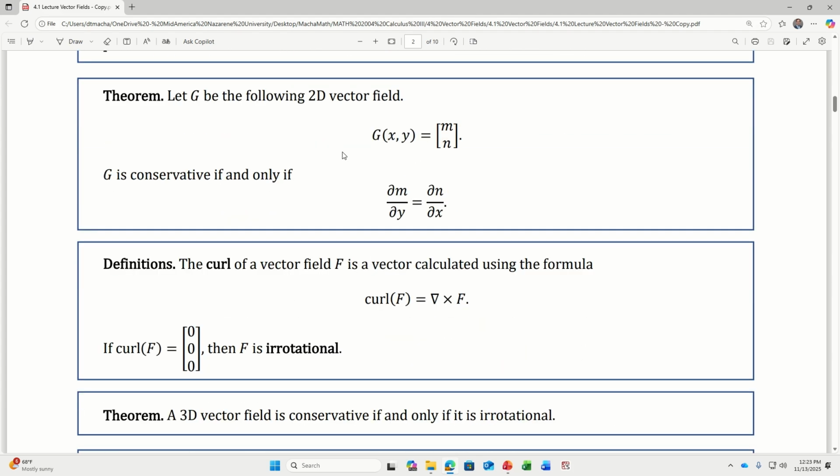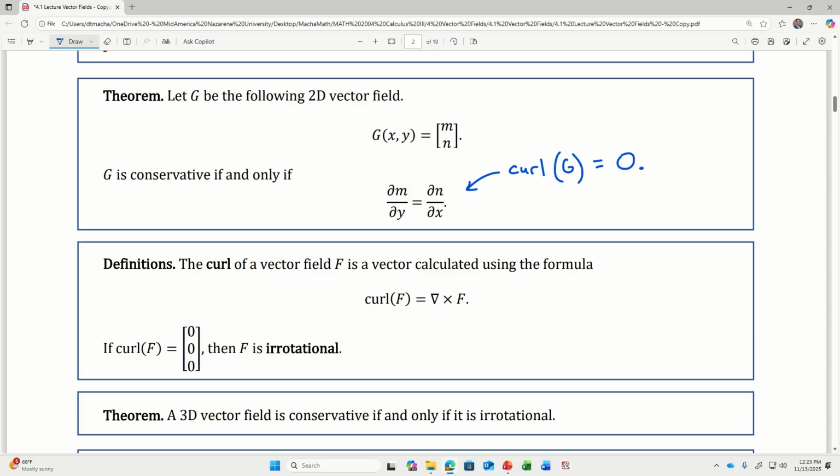If I have a 2D vector field, that vector field is conservative if and only if the curl is 0.